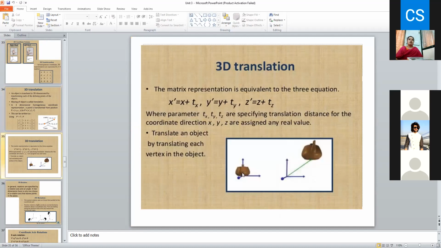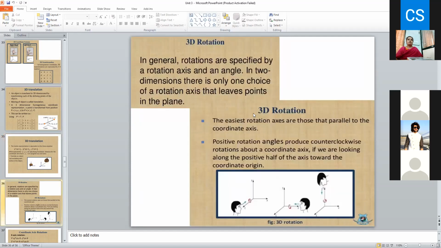So you can see here, the object placed here has been shifted to a new location where X dash is X plus Tx, Y dash is Y plus Ty, and Z dash is Z plus Tz. As in the case of 2D, in 3D only the Z coordinate has been introduced, and for Z translation we have the additional factor Tz. So it is again the linear movement of the object.